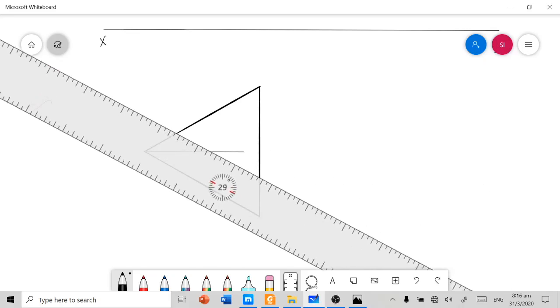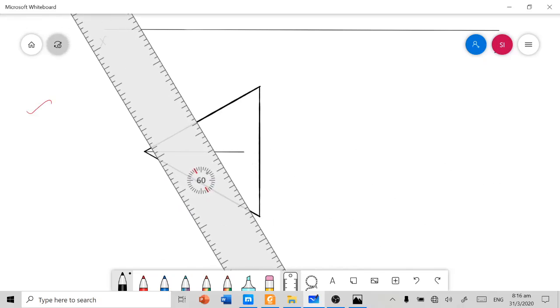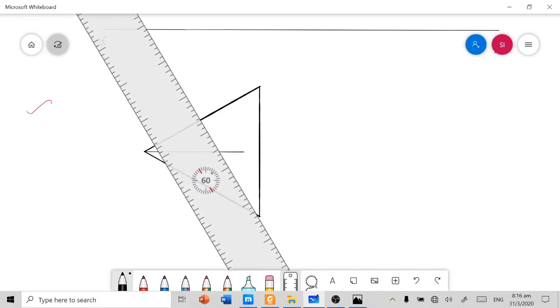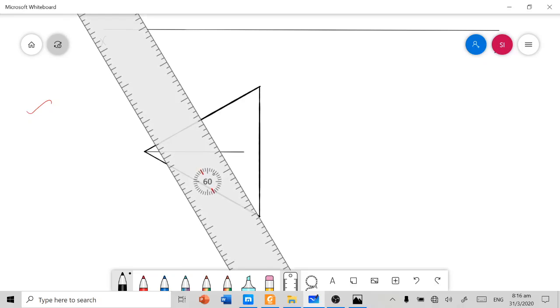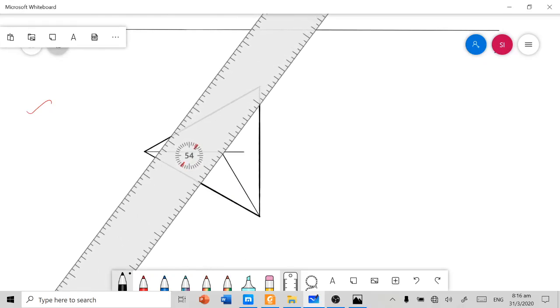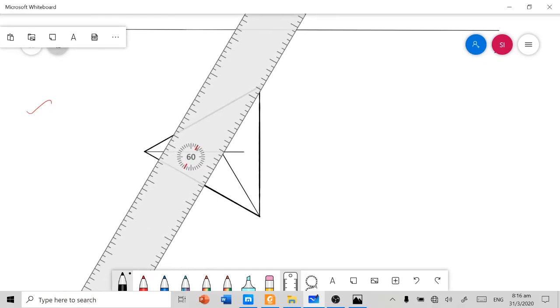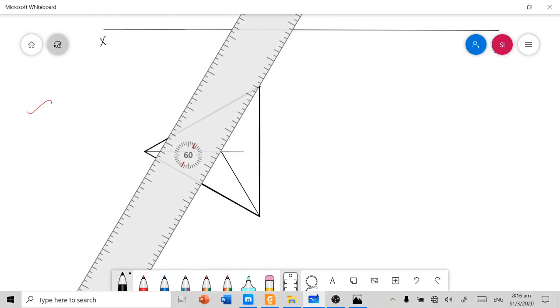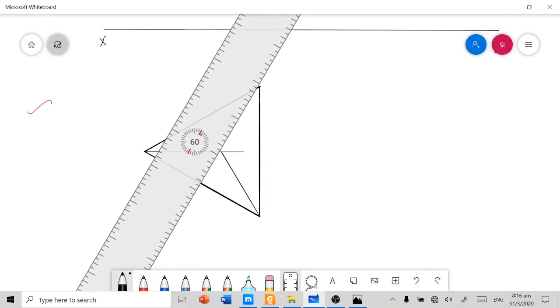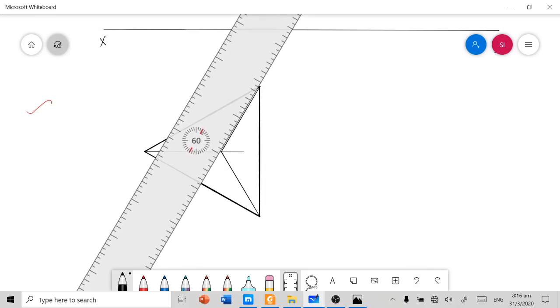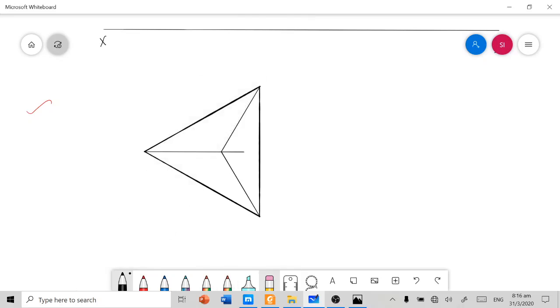Just note how I am marking the center for this tetrahedron by drawing perpendiculars to each and every base edge from the opposite corner of the solid. Now I have drawn the slant edges.